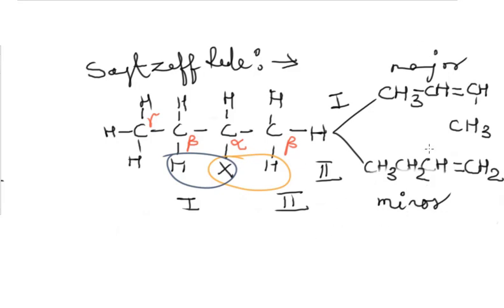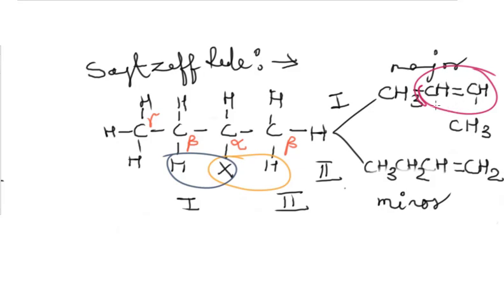Now how do we consider one as a major product and the other as a minor product? Because according to the Saytzeff rule, the case in which the double bonded carbon contains less hydrogen is preferred as the major, or it is also preferred as the stable product. Now here the double bonded carbon atom is this one. Now it contains 1 plus 1, that is 2 hydrogen atoms.